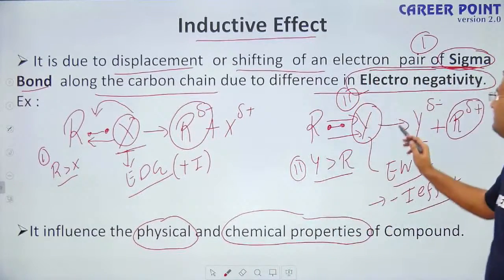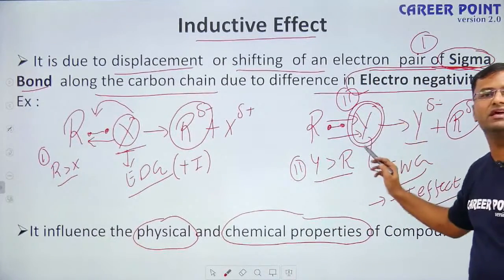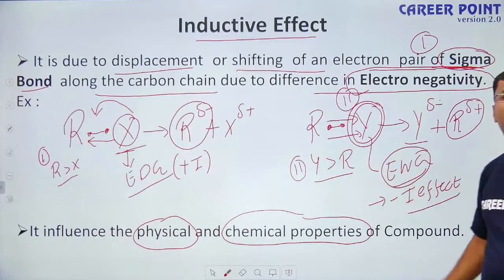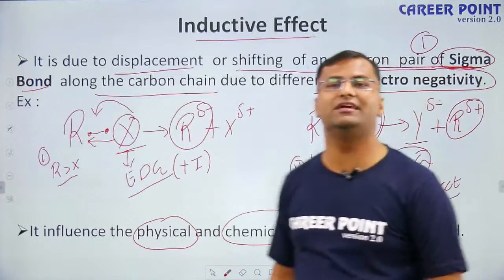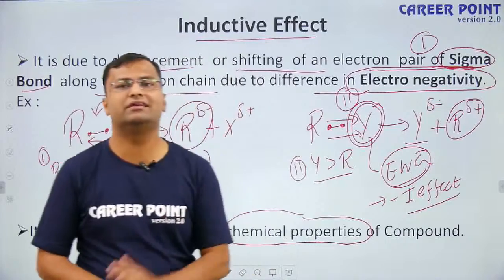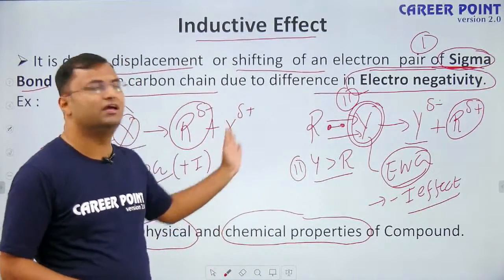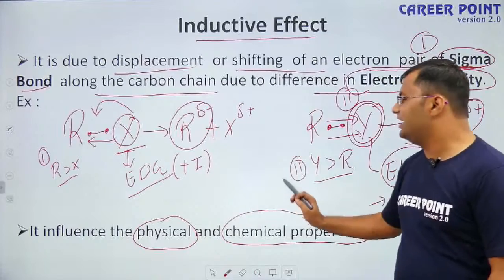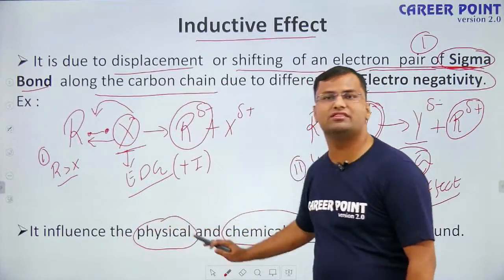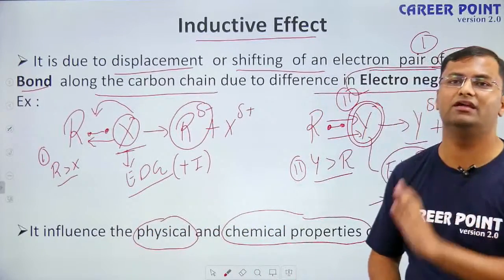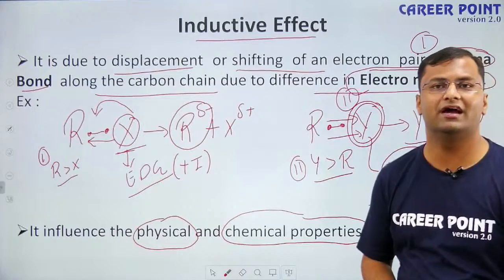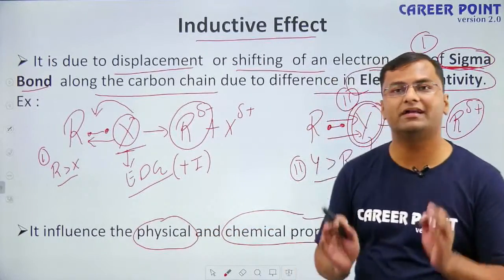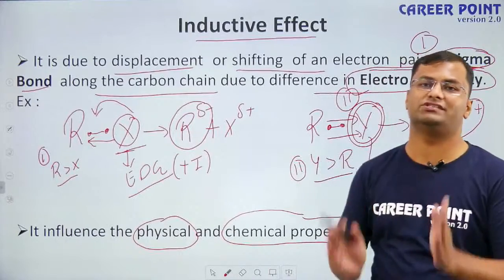If the compound has more Y, meaning electron withdrawing groups, they increase the acidity of the compound. How they increase acidity, we will discuss in the next slides. So this is why they influence the physical and chemical properties of any compound. Clear?